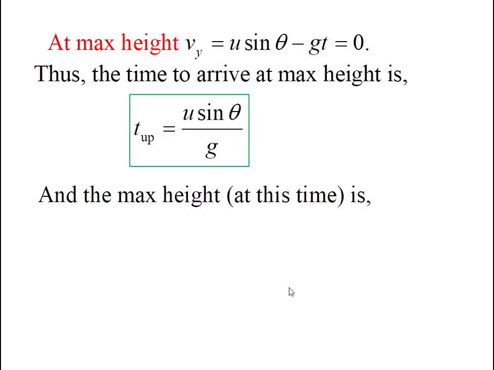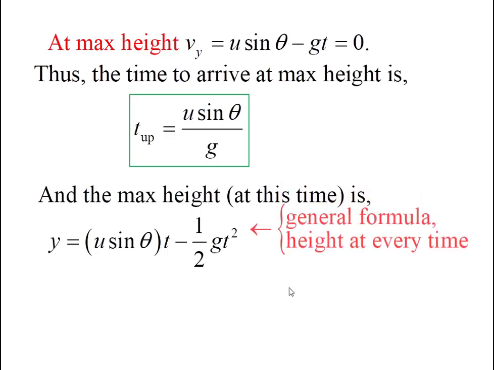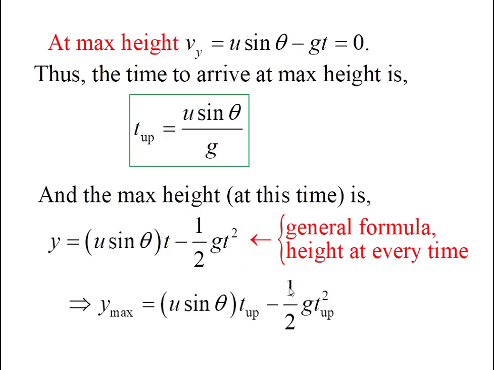At the maximum height, that is at this given t up time, y is equal to u sine theta times t minus half gt squared, which is a general formula for every height at every time. So y max is equal to u sine theta times t up, that is the time taken to arrive at the top, minus half g times t up the whole squared.